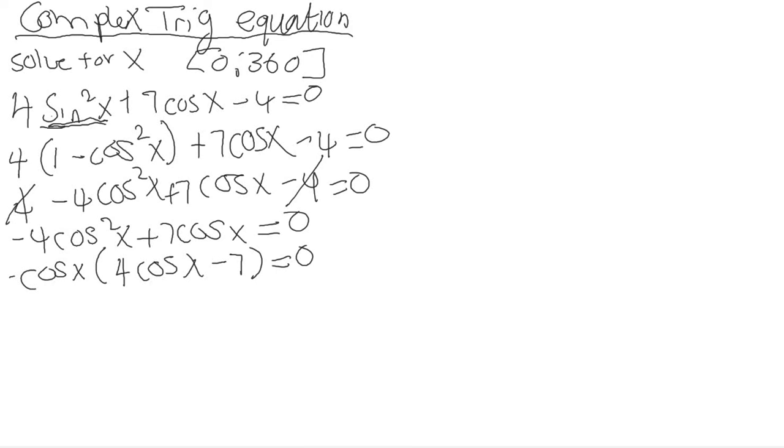Now it means you have negative cos x equals 0, and then 4 cos x equals 7.